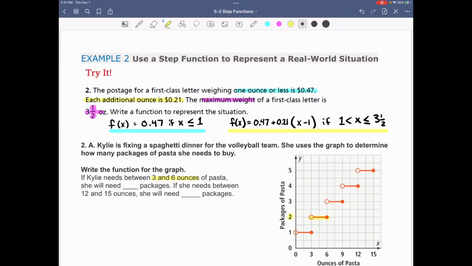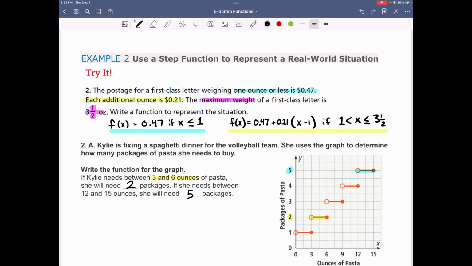Okay, between 3 and 6, she needs 2 packages of pasta. So we're going to fill that in with a 2. If she needs between 12 and 15 ounces, let's find that on our graph right here, she's going to need how many packages? Yeah, 5.